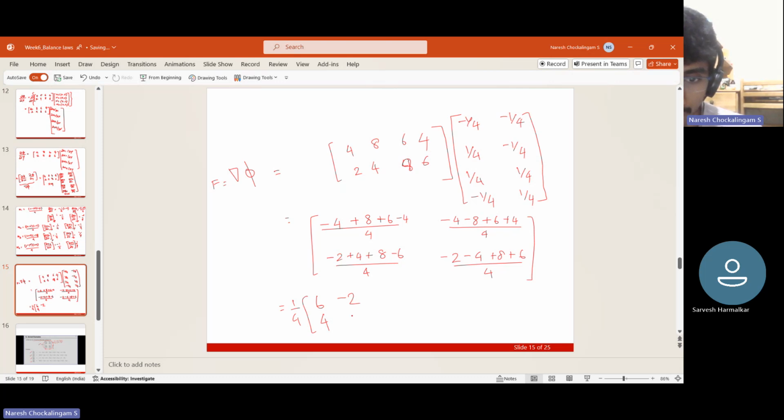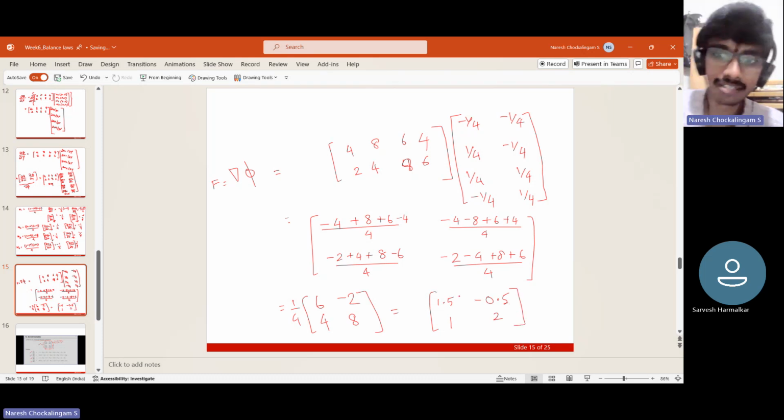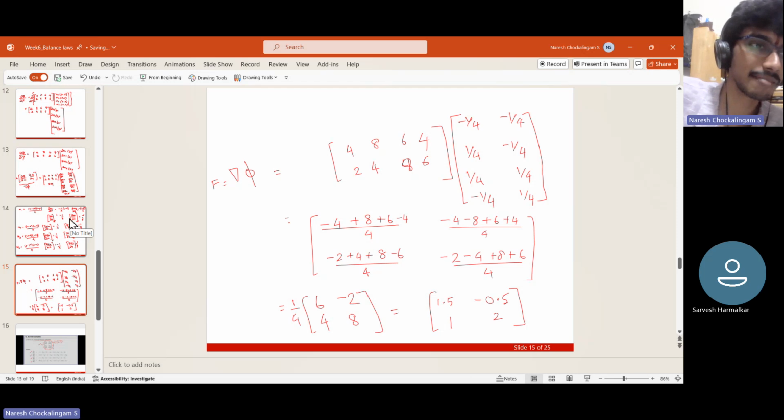So 8 by 4, just we have an 8. Here minus 4. So just substitute this. You get 1.5, minus 0.5, 1 and 2. So this is the deformation gradient at the origin, assuming linear interpolation of the deformation field.